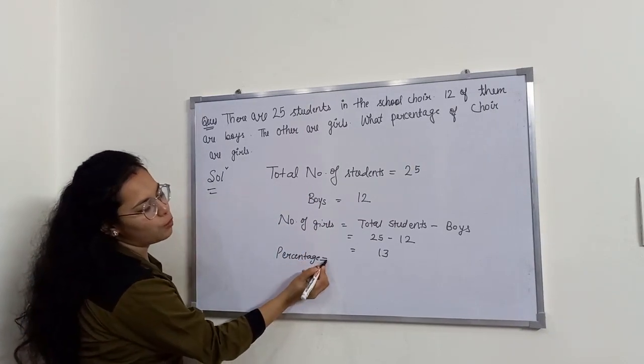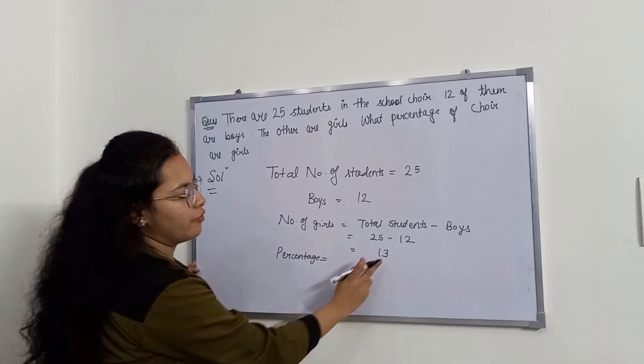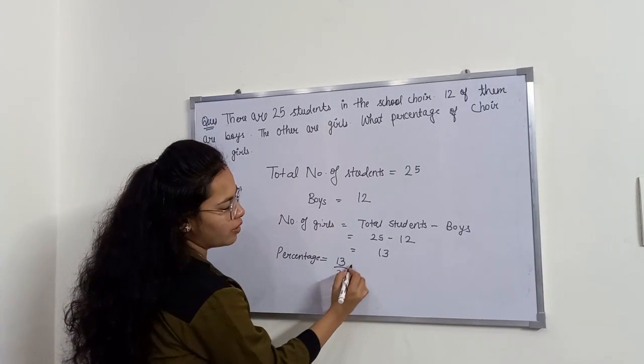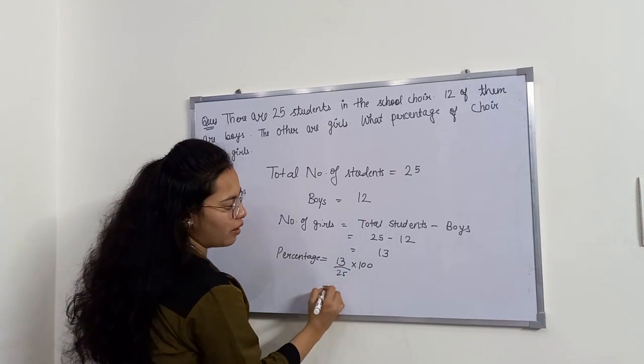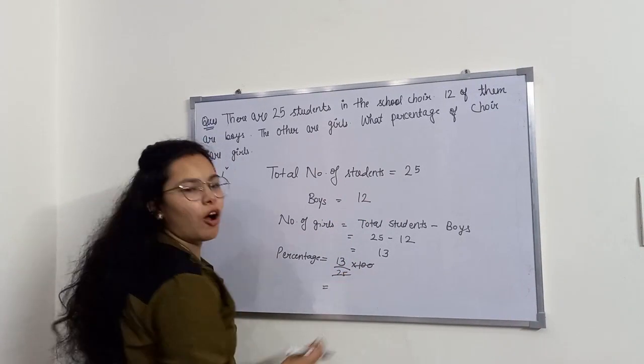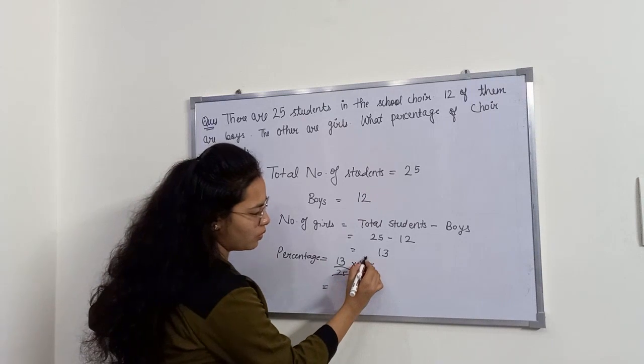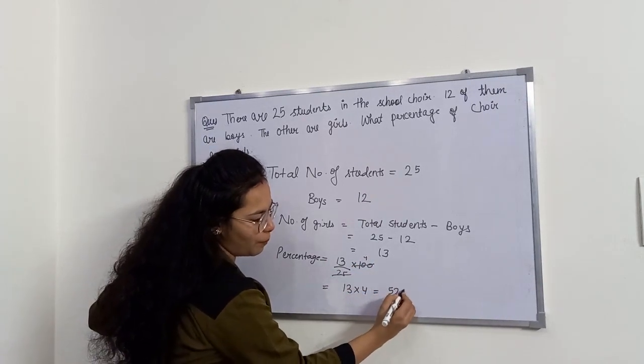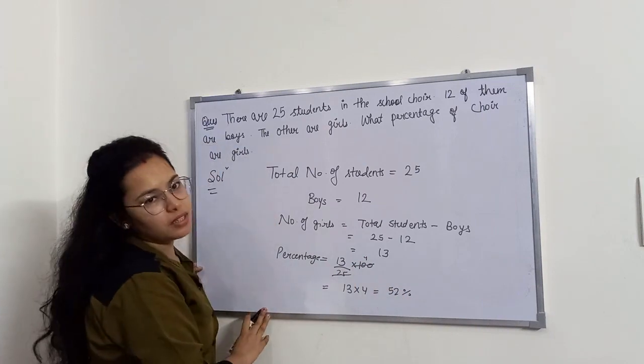Percentage is value upon total value into 100. Value is 13 and total value is 25, multiply by 100. In the table of 25, how many times does 100 come? 4. So 13 multiply 4 is 52%. So the percentage of girls is 52%.